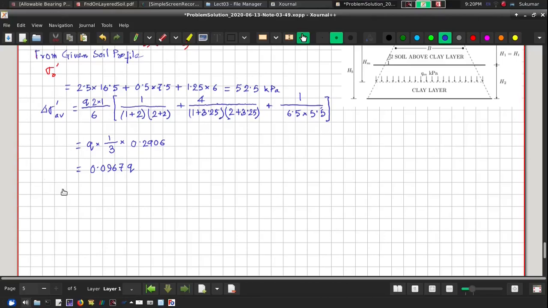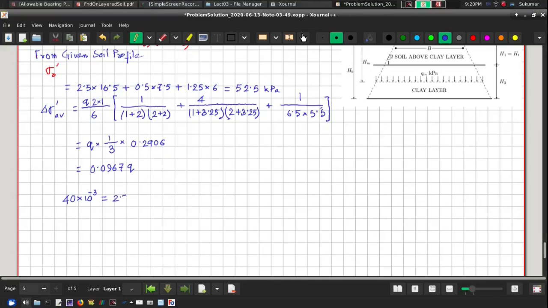So now my allowable settlement HC is 40 mm. Let me convert it into meter. So 40 into 10 to the power minus 3, because everything is in kilopascal, so I must convert it to meter, is equal to H naught. H naught is 2.5 meter, original thickness of the clay layer.